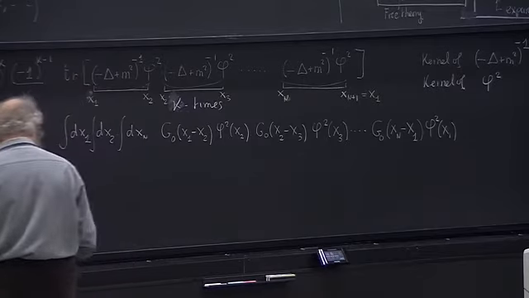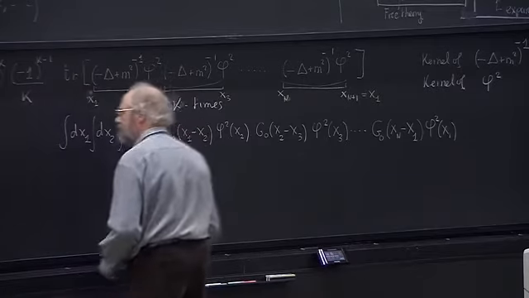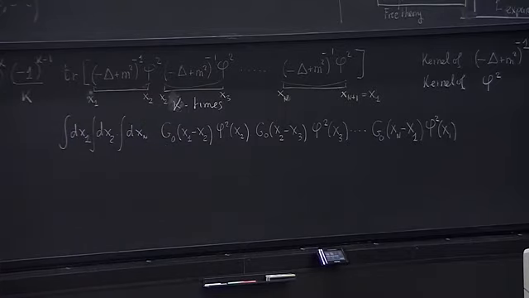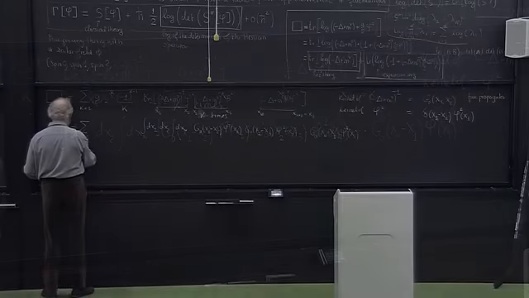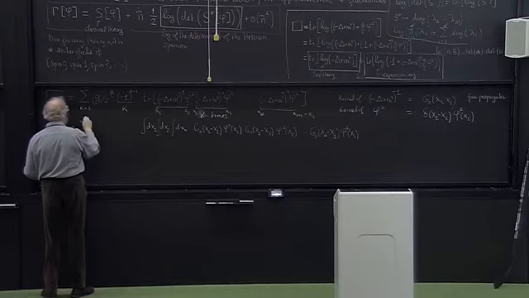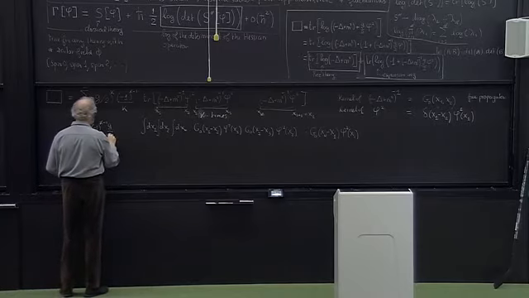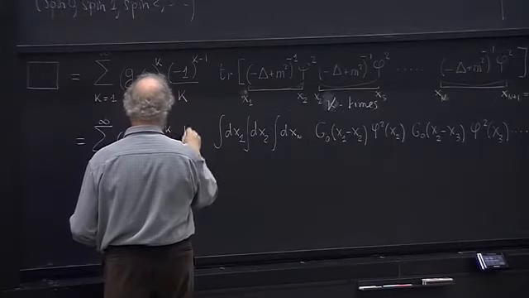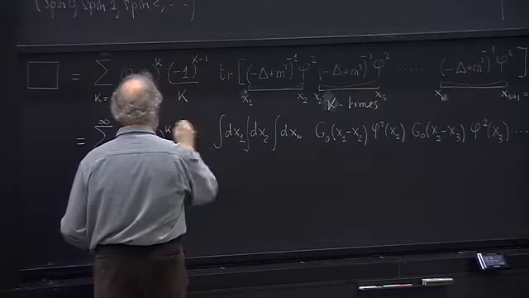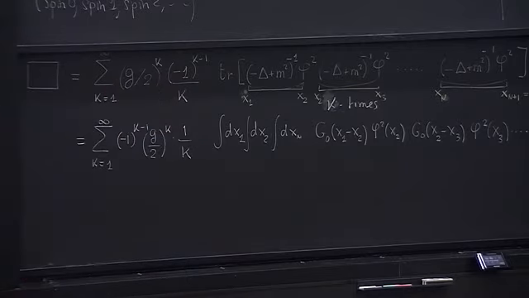So finally, this big box is just the sum from k equal 1 to infinity of minus 1 to the power k minus 1, g over 2 to the power k, times 1 over k. Okay?